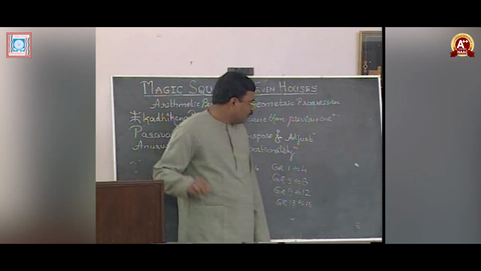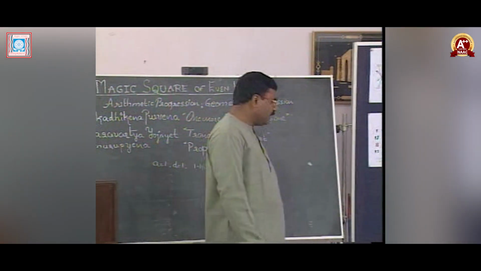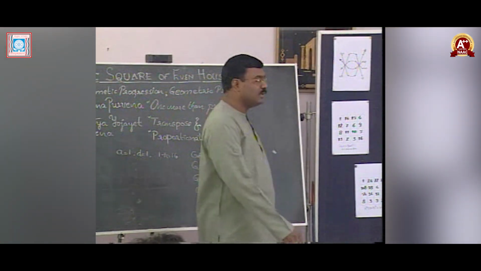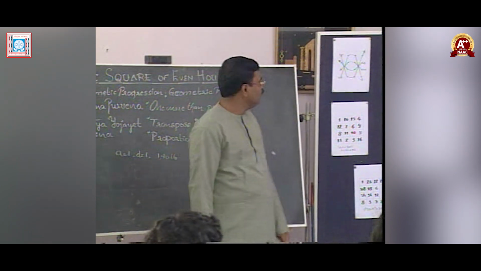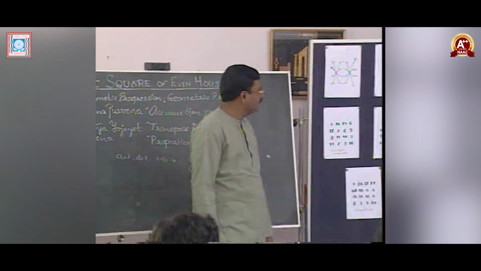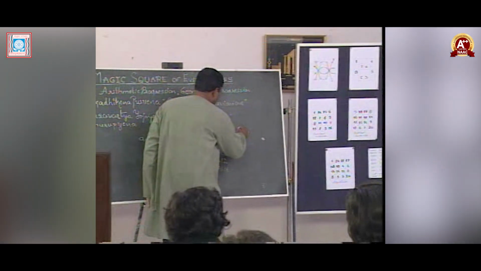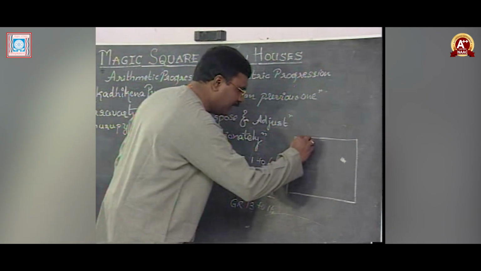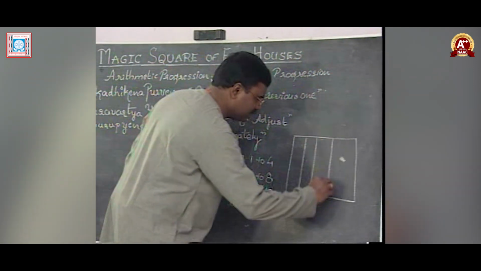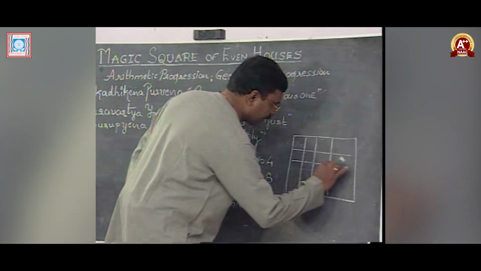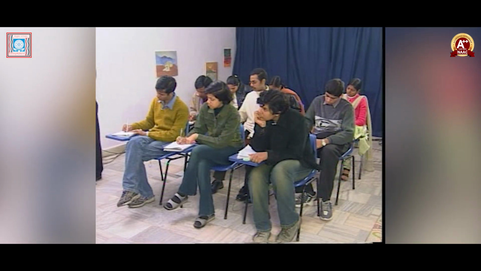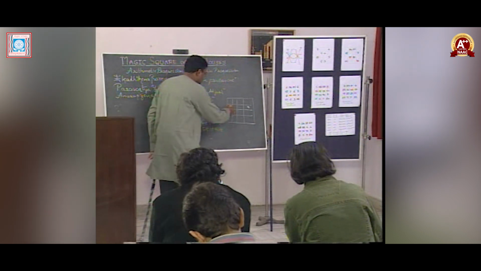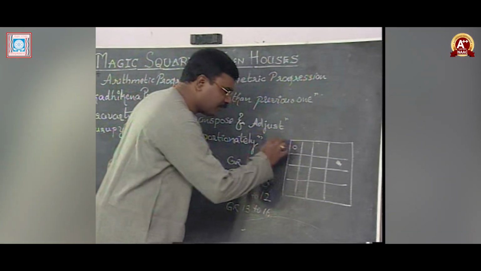There is a very unique way to feed these arithmetical progressions in the magic square of the even houses. We will learn only one method, especially if it is a magic square like this, 4 by 4 houses. Draw a 4 by 4 house magic square. The first group starts with the first row and first column.